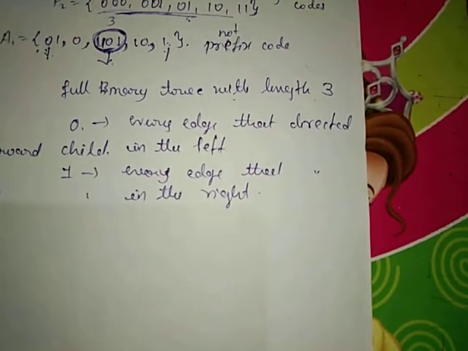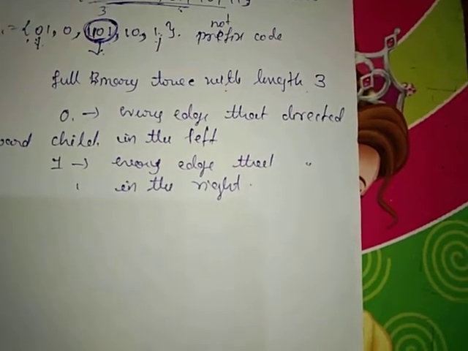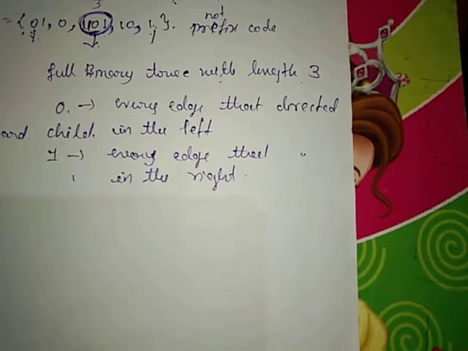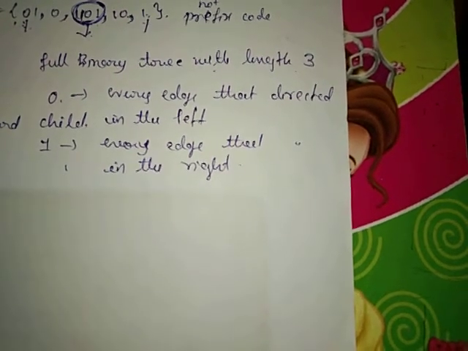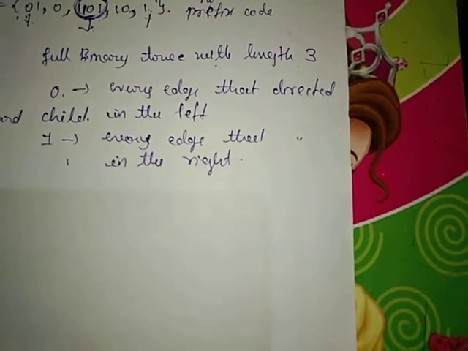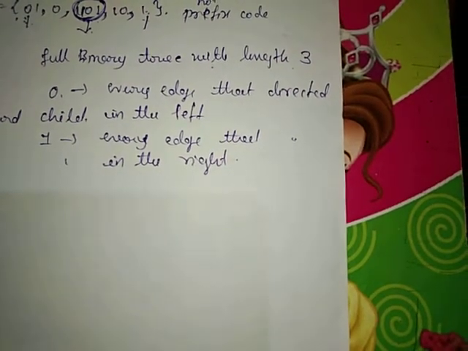So we assign a 0 to every edge that is directed towards the child in the left side of the vertex, and 1 to every edge that is directed towards the child in the right side.